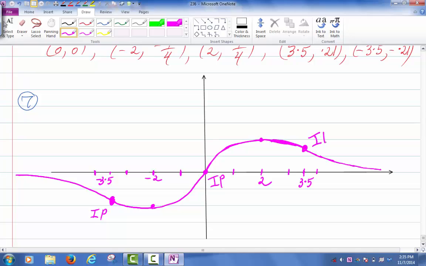Right there. Is everybody okay? So what's going on with, I have concave down up until negative 3.5, and then concave up until 0, and from 0 to here it's concave down again, and then concave up at the end.